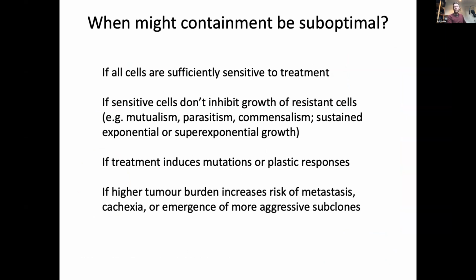So this is true. And we do highlight this in the paper, and we are not trying to say that containment is always optimal. We're trying to clarify what assumptions you need for it to work, and what assumptions, if they're violated, might mean that it doesn't work so well.